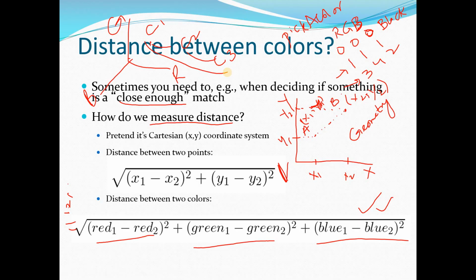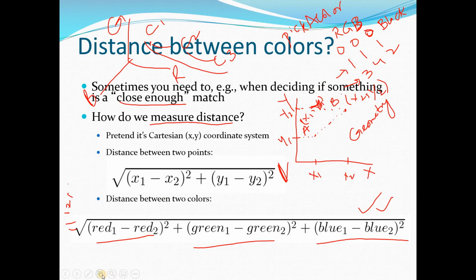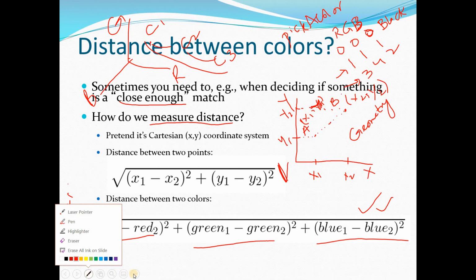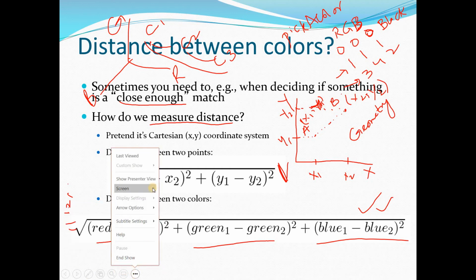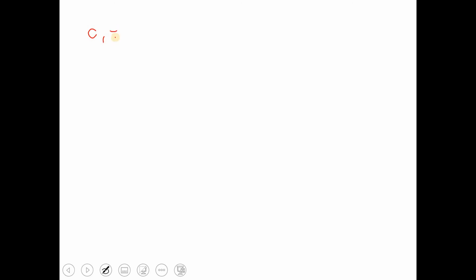So let me give you one example. Here let's say I give you three colors, a very simple example. This is a typical exam question, that's why I want to solve it very clearly so that you don't have any questions.